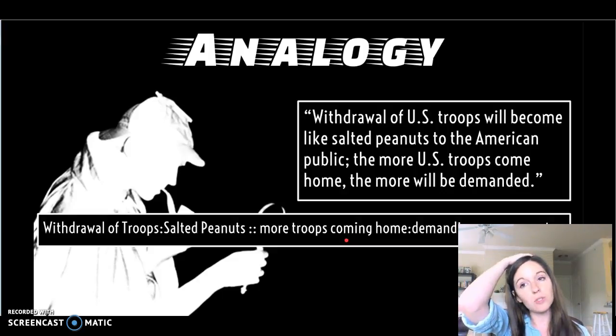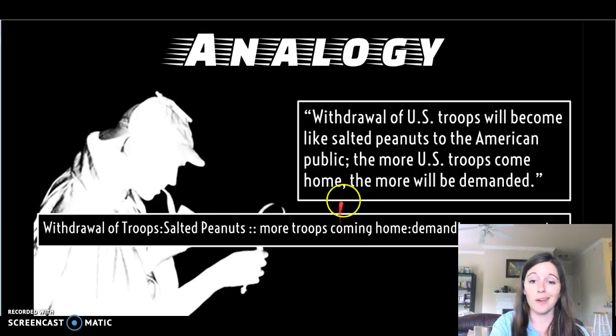Now, when we talk about logical fallacies later on, you'll learn about how an analogy like this is technically a logical fallacy because this just can't be proven. There's no actual correlation between salted peanuts and U.S. troops. However, the speaker is still making that comparison through an analogy in order to persuade his audience.